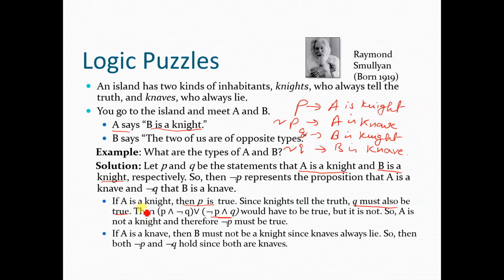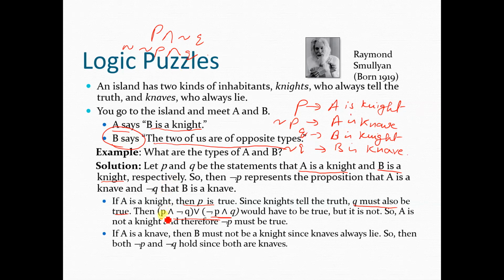So if we assume that A is knight, then why must this be true? Let me tell you. Because we assume that A is knight, this proved that B is knight. Now since B is knight, B also tells truth. And B is saying that the two of us are of opposite types. That means P and negation Q is true, or negation P and Q is true.